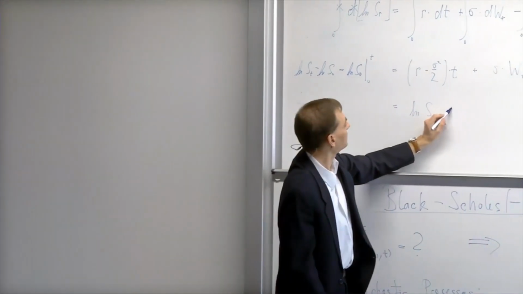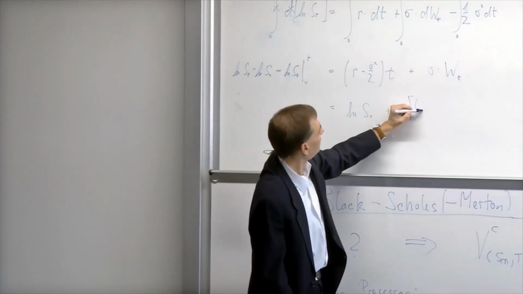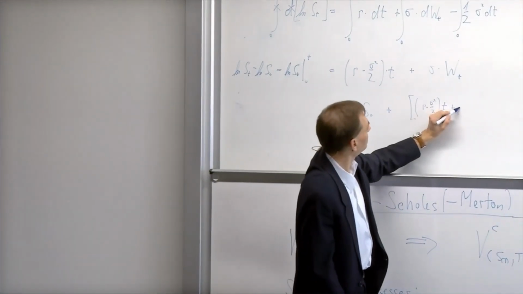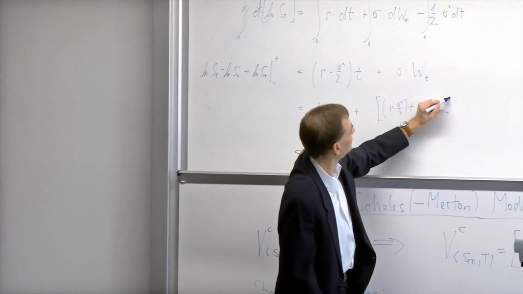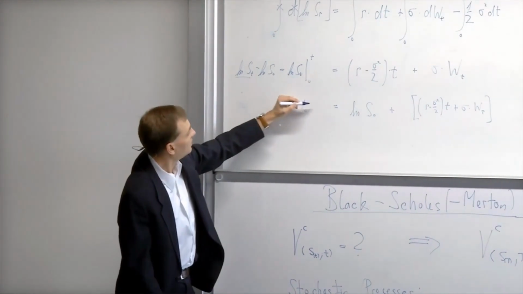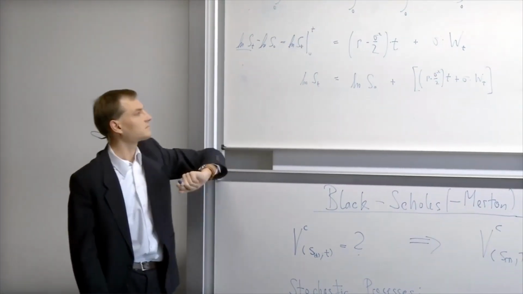Then we have this plus, can I write now this all in a bracket? Sigma squared over 2 dt plus sigma Wt bracket. And what I have left here is the logarithm of my stock price, St.